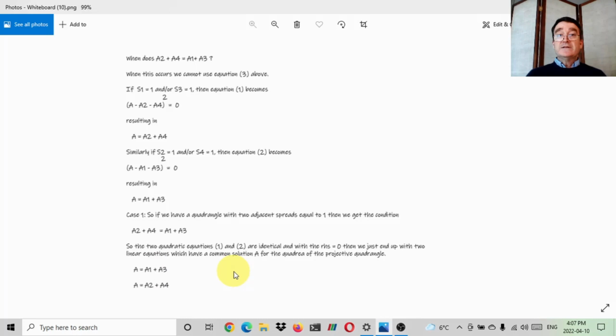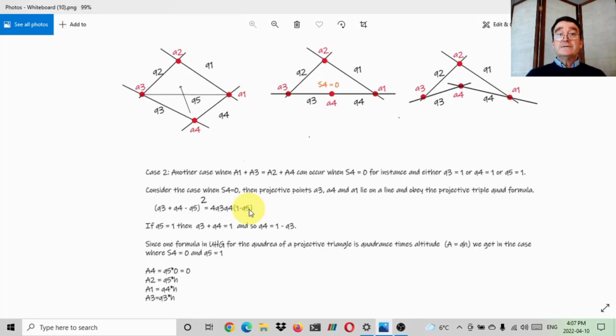And as it continues to move up, then the spread increases from 0. So we can get this condition where A1 plus A3 equals A2 plus A4 from above.